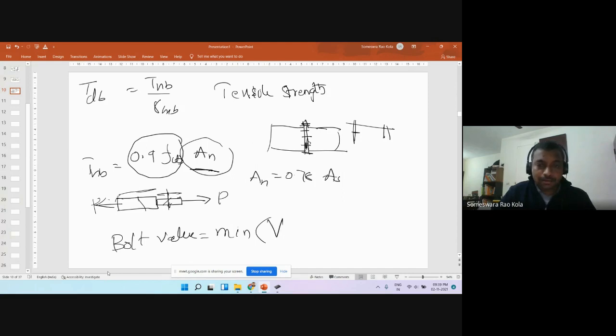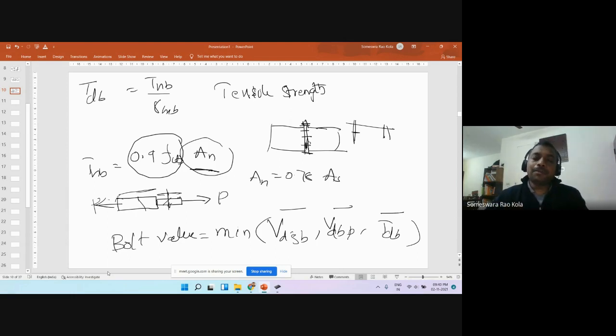V dsb, that's the shear component, V dpb, and then T db. Shear, bearing, tension. Compute these three values and then find the minimum, and that's called the bolt value.